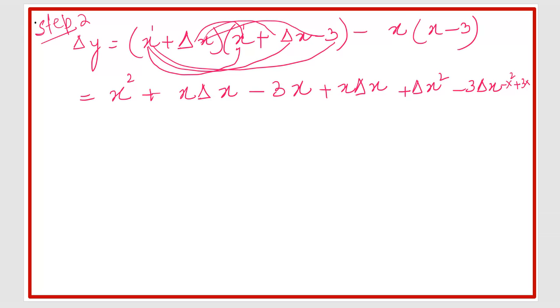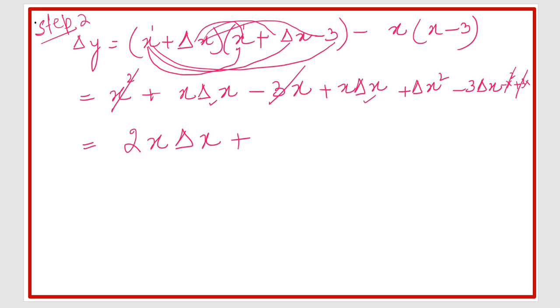So see, here we have positive 3x, this is negative 3x, this will cancel. Here we have negative x square, here we have positive x square, it will cancel. What is remaining? X delta x. Here we have x delta x, the same thing with the same sign, so they will be added together. It will be 2x into delta x. So this is gone, this is gone.